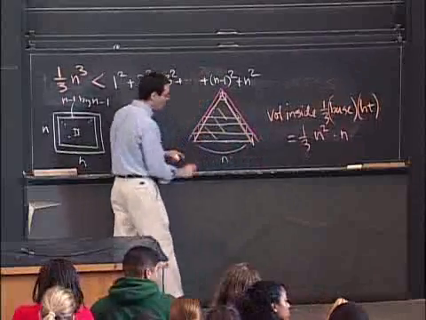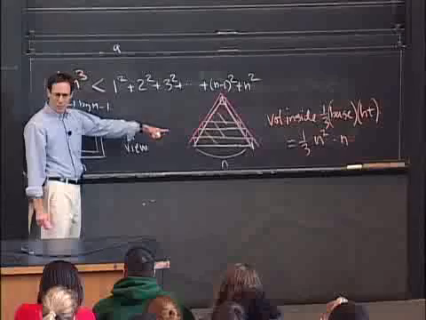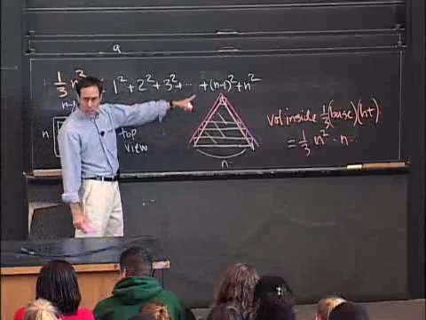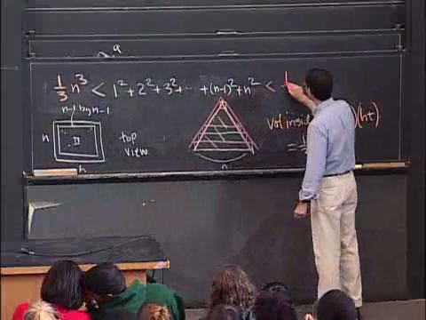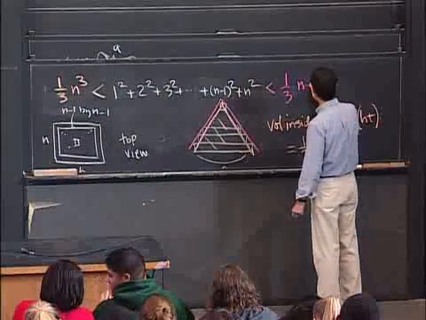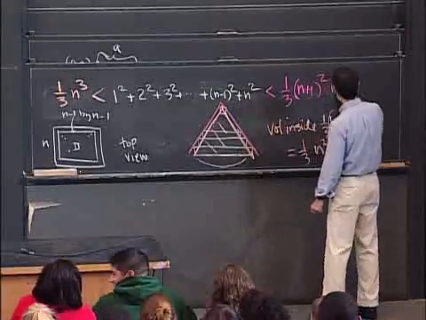So the base will be n plus 1 by n plus 1 of this bigger pyramid, and it'll go up one higher. All right? So on the other end, we get that this is less than a third n plus 1 cubed. Again, n plus 1 squared times n plus 1.